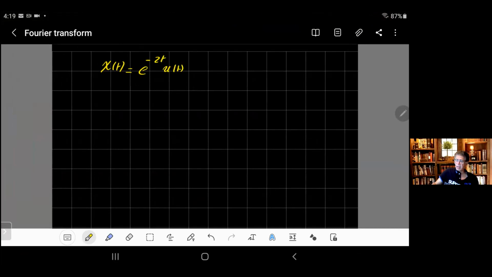And we know from the table, or by using the Fourier integral, that its Fourier transform X of omega is equal to 1 over 2 plus j omega. So now X of omega is given. But maybe the question will be to find the Fourier transform of some function related to the original one given to us.